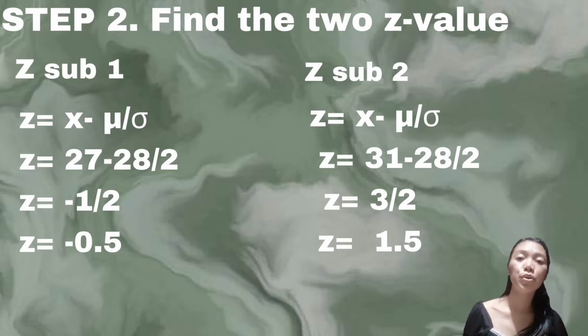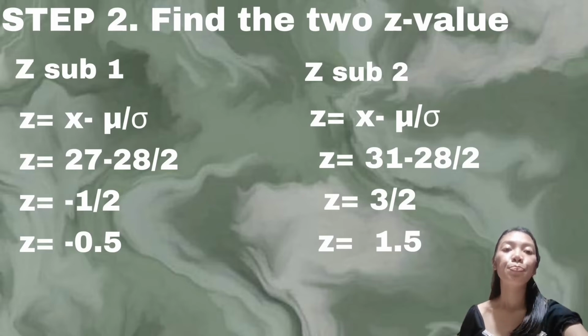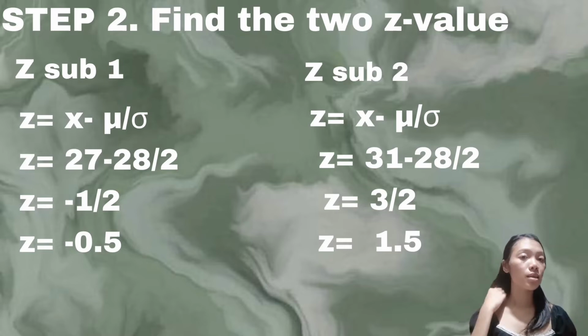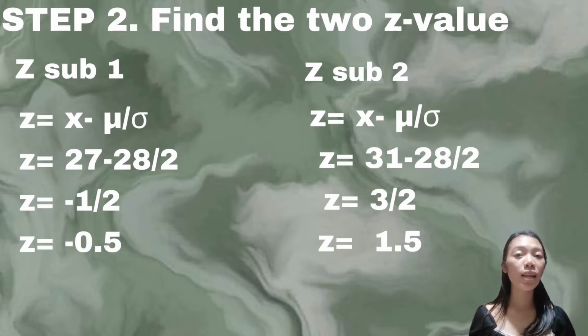Okay, step number 2. Find the two z values. It is the same thing, class, that we do to get the z value of x sub 1 and x sub 2. We will use the formula z equals x minus mean divided by the standard deviation. So, you can see on the screen, class, the results for z sub 1 and z sub 2.